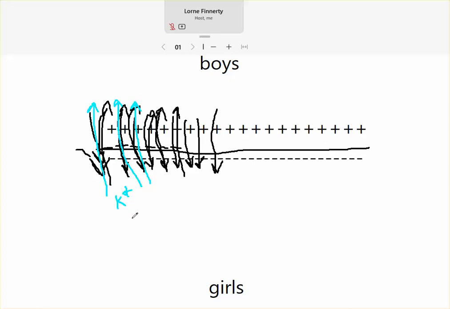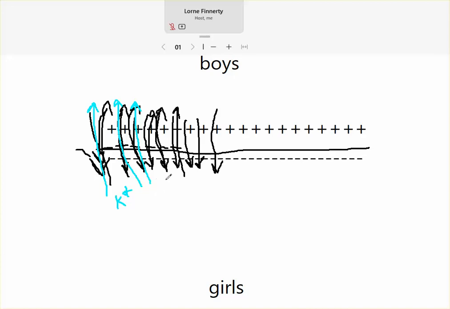And when potassium gets pushed back out, it repolarizes the membrane. The outside becomes more positive again, and the inside becomes less positive again. So now it's repolarized, which then closes the electrically gated sodium channels.